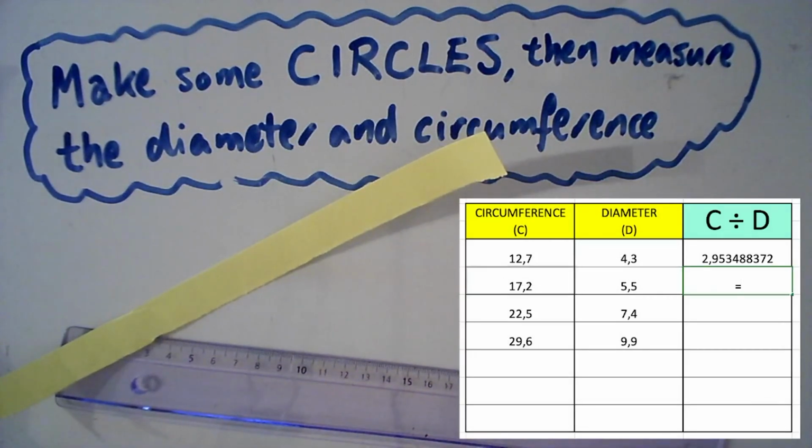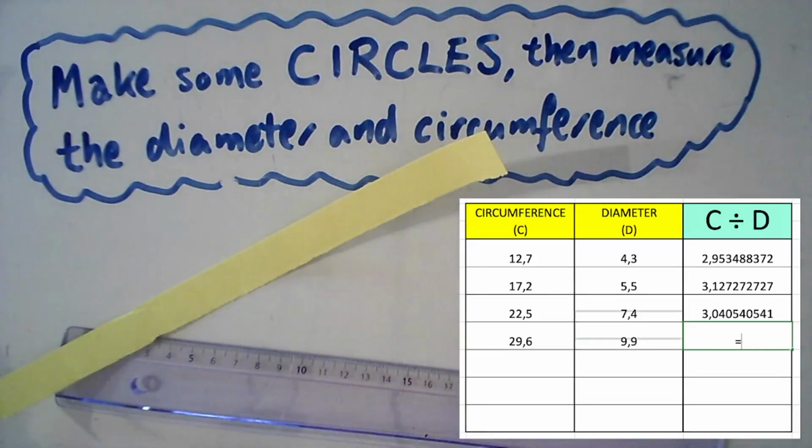That one equals that one divided by that one. 3.12, okay. That one equals that one divided by that one. 3.04, and that one equals that one divided by that one. Okay, so just under 3.